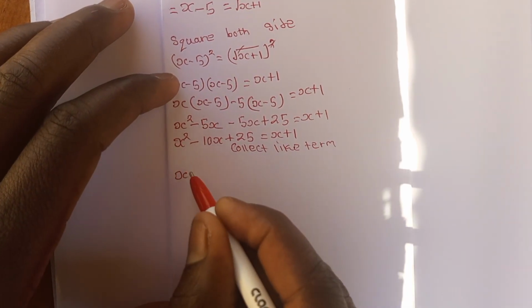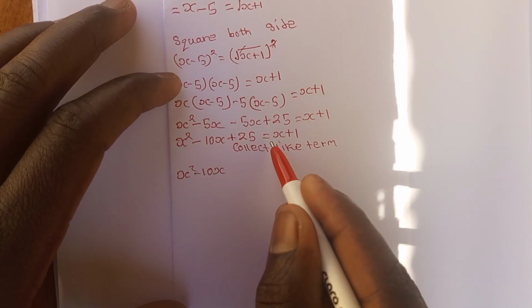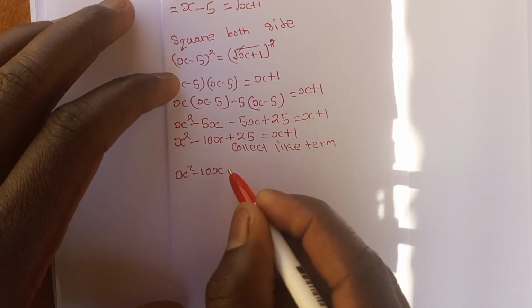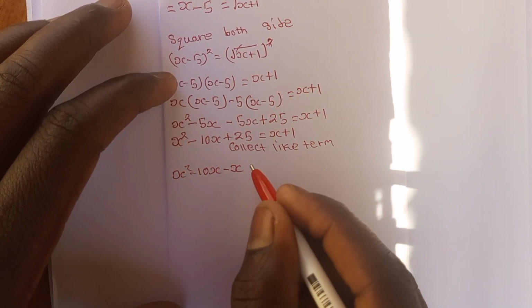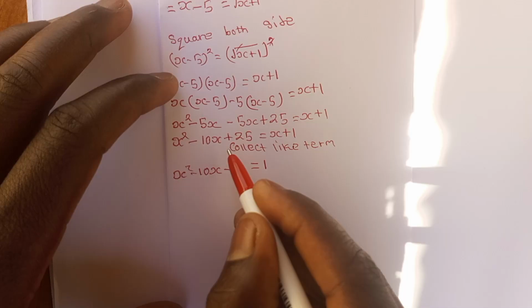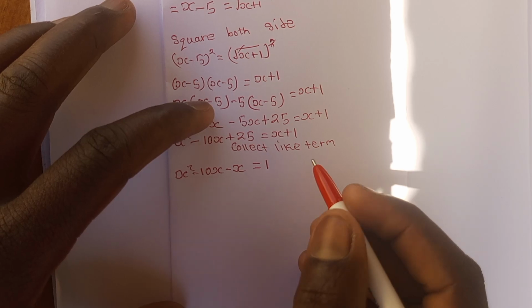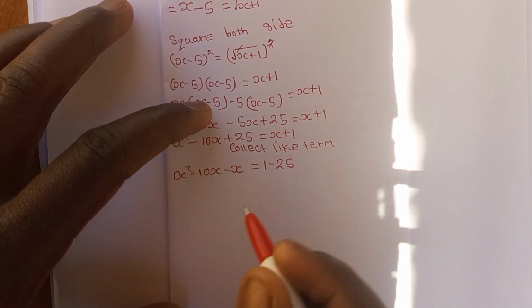First take x squared minus 10x. Here is plus x, cross the equals to sign, the sign will change from plus x to minus x. We say equals to 1. Here is plus 25. Cross the equals to sign, the sign will change from plus 25 to minus 25.